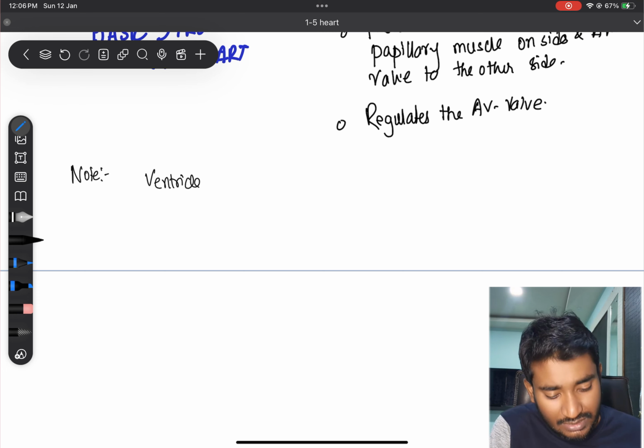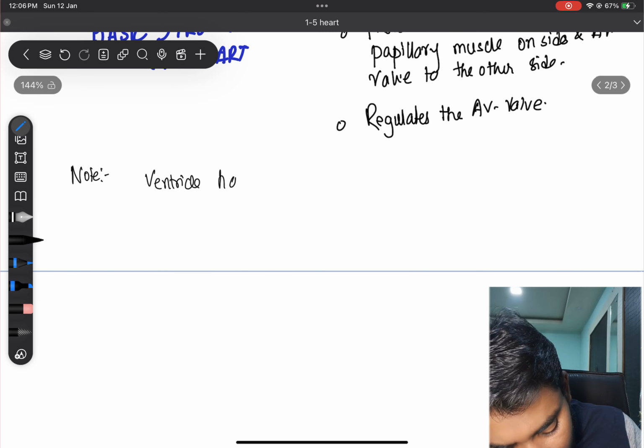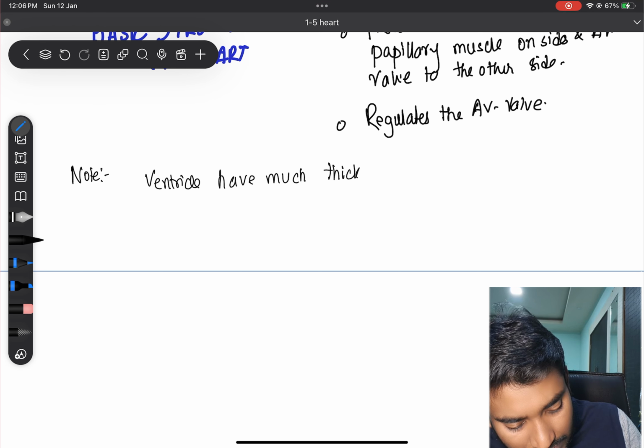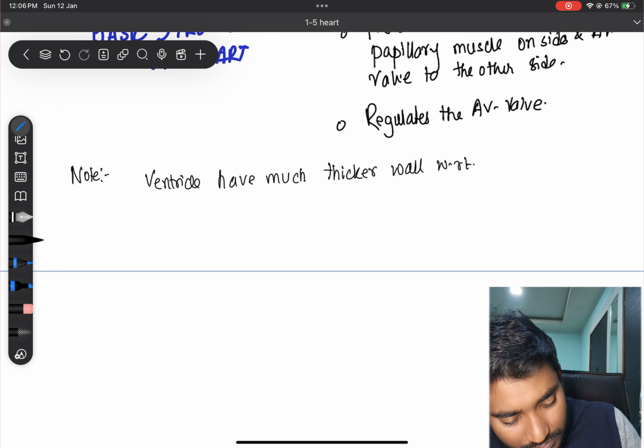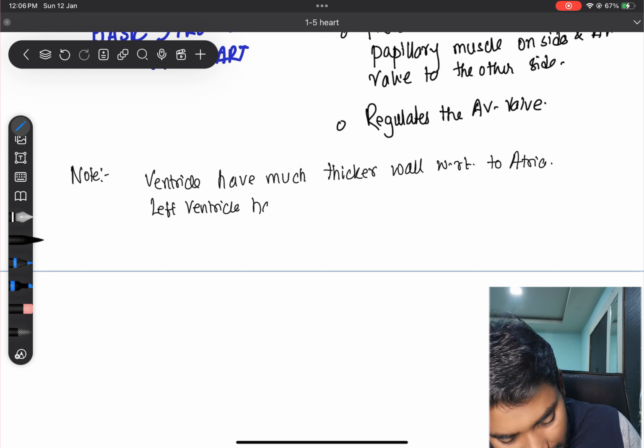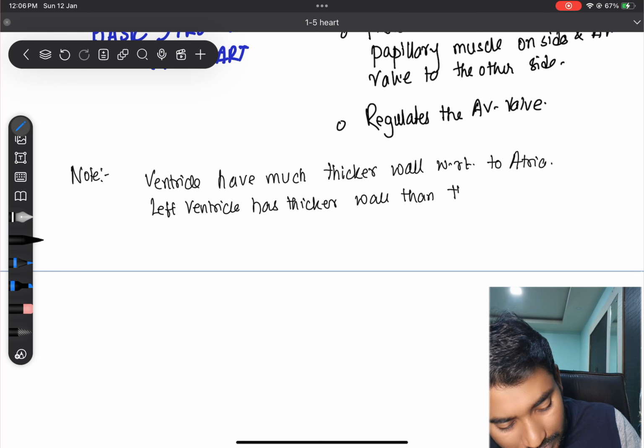Okay, so ventricles have a much thicker wall with respect to atria. The left ventricle has a thicker wall than the right ventricle.